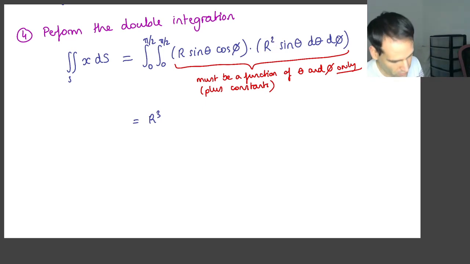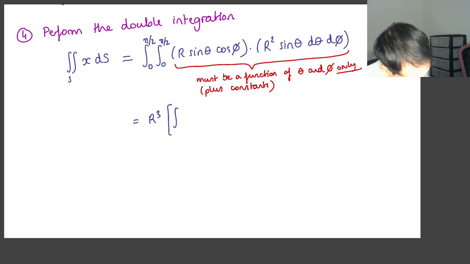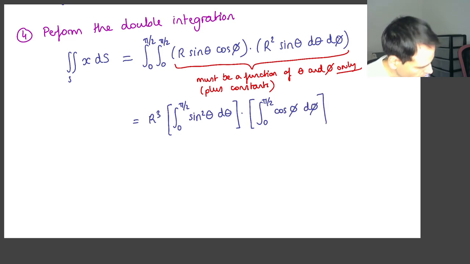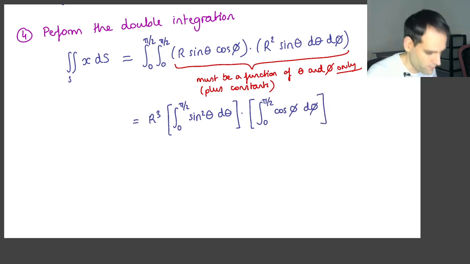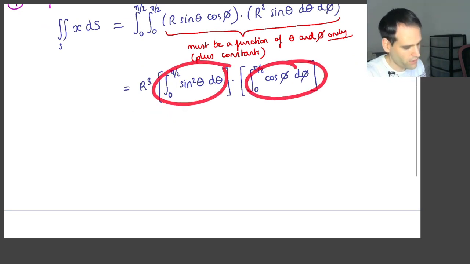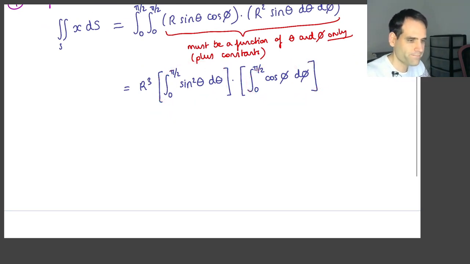We can do r cubed times the integral for theta of sine squared of theta d theta, times the integral for phi, which has the same limits, but now we have cosine of phi d phi. These are integrals that you know how to do from first semester maths. These are normal integrals.